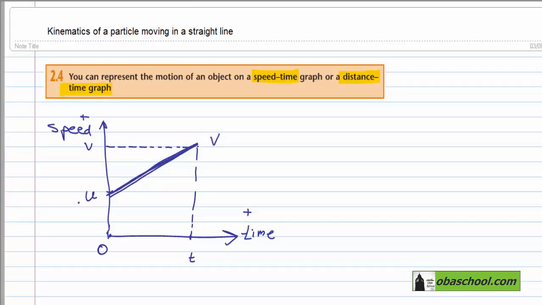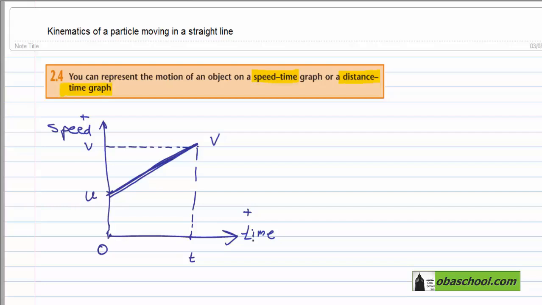This straight line is the speed-time graph of a hypothetical object that we just sketched. The speed-time graph illustrates the motion of the object as it moves from the origin at time t equals 0 to another point at time t while presenting the change in its speed.